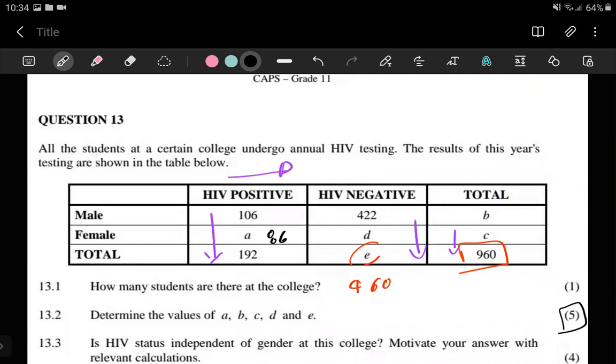The next one here is going to be B, because whatever 106 is plus this 42 is going to give you this total. Oh, so I was supposed to do D, my bad. Going down, you add. So 106 plus 42 is 528.